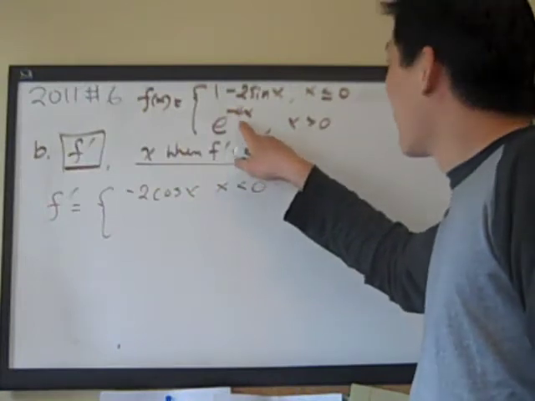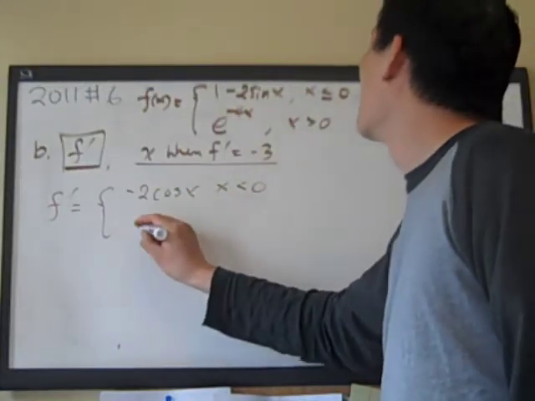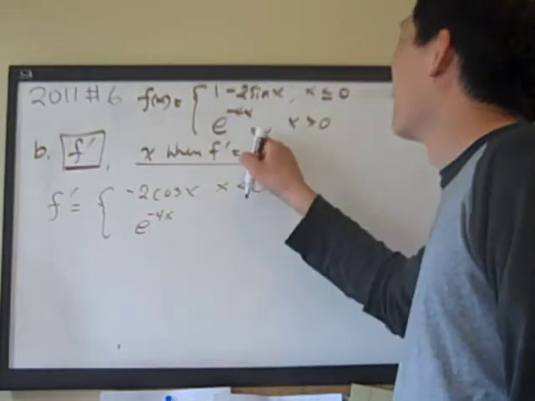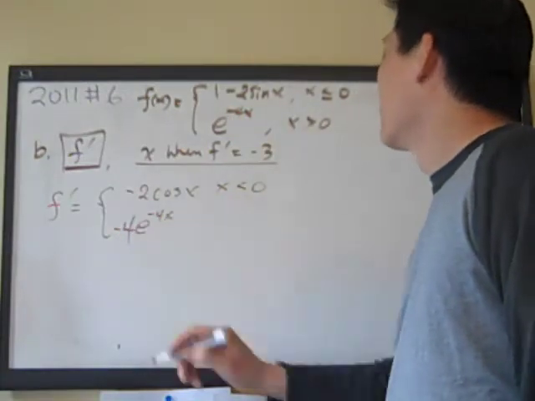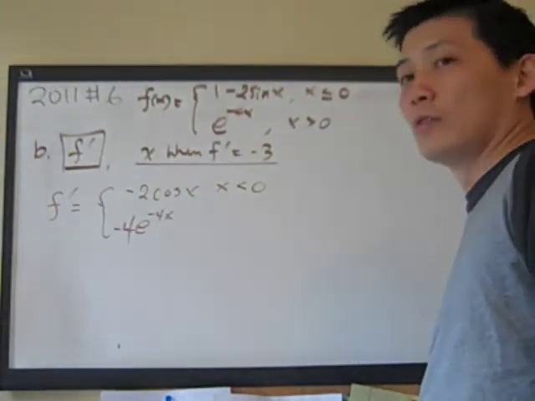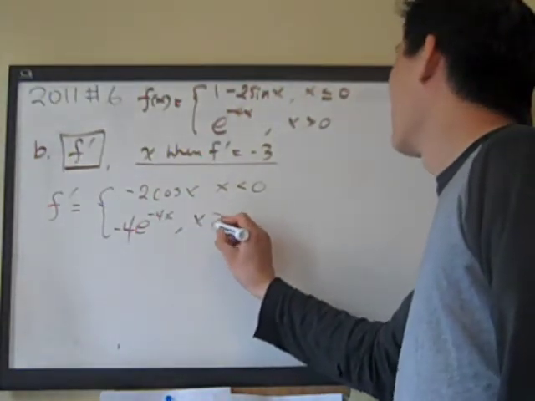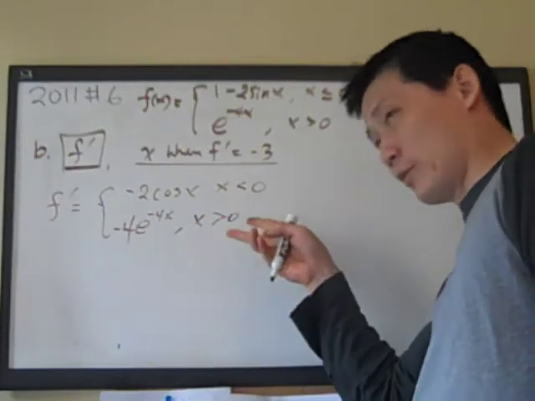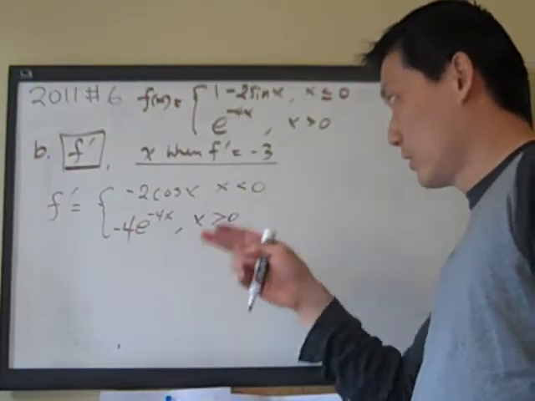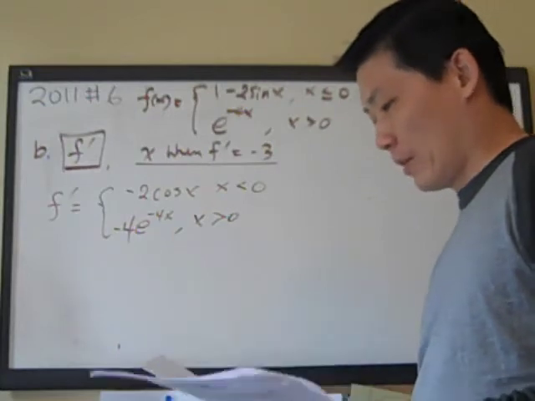The derivative of e to the -4x is e to the -4x times the derivative of the inside function, which is -4. So it's -4 e to the -4x for x greater than 0. So here we have it. We get 2 points for coming up with that.